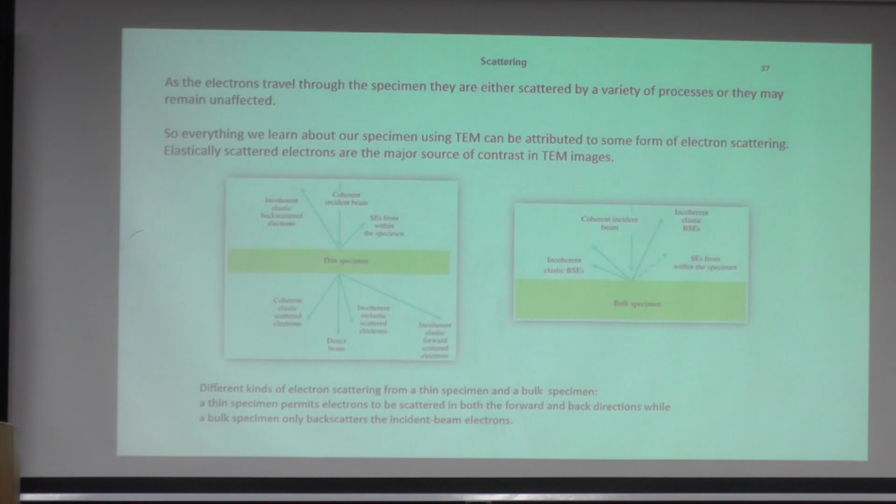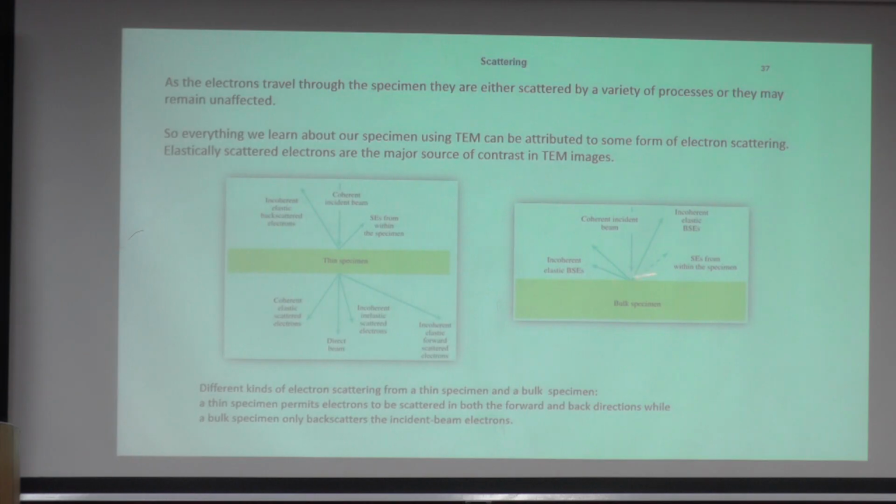So now let us look at some scattering processes in the TEM. Why do we need very thin specimens? If you look at the scattering process, and if you consider bulk specimens, which you use, for example, for optical microscopy or scanning electron microscopy, then you can have different scattering processes, like incoherent elastic scattering, formation of secondary electrons or incoherent images.